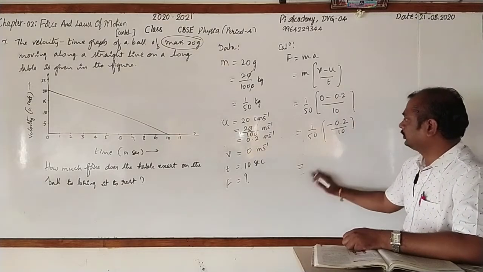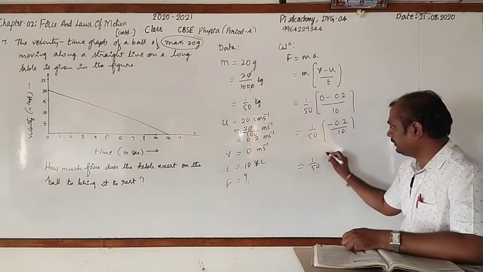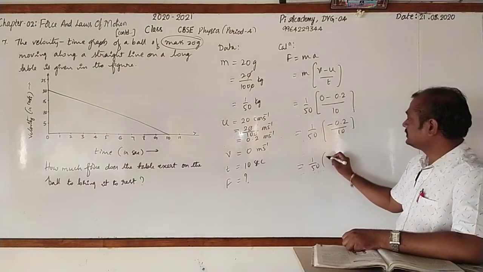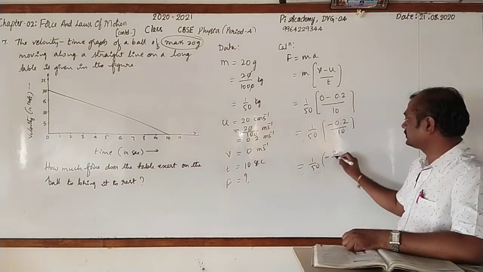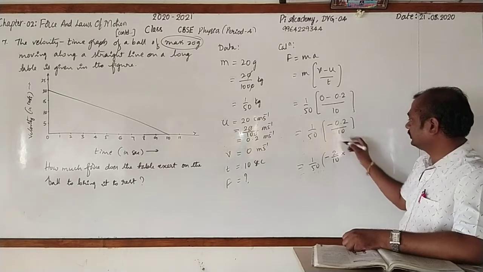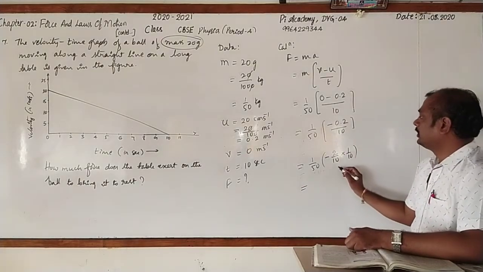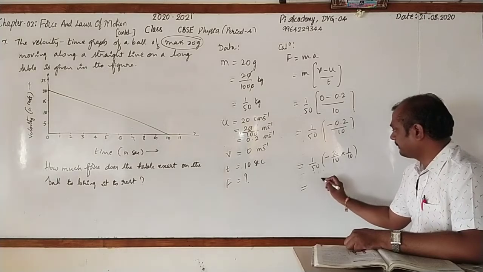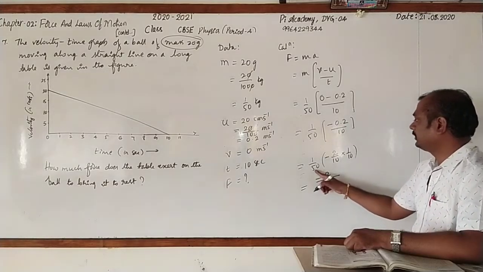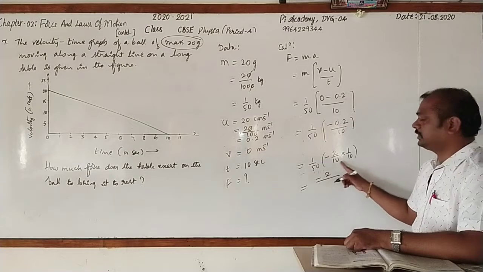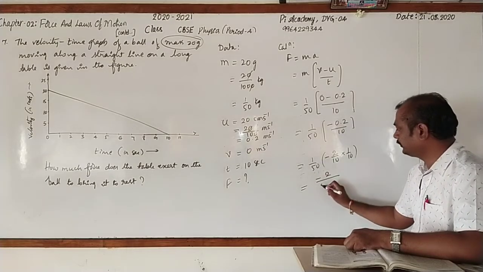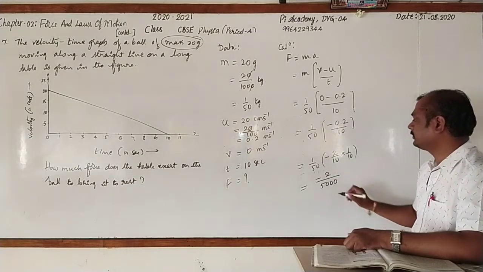It is equal to 1 by 50 into minus 0.2. It can be written as 2 by 10 into 1 by 10 as it is. It is equal to minus 2 by 50 into 10 into 10. 10 tens are 100. 100 into 50 is 5000.